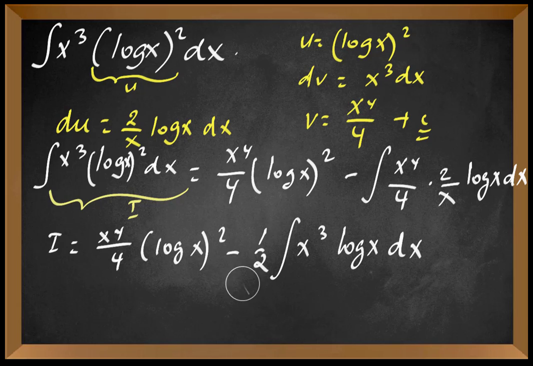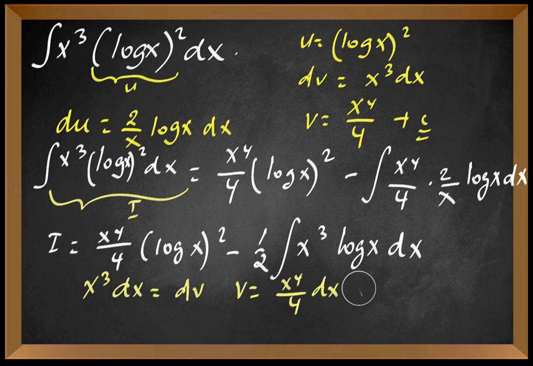So let's take again log of x in this part to be u, and the dv will be x cubed dx. Okay, so dv is equal to that, and the u will be definitely log of x, and here v becomes x to the power 4 over 4, plus a constant, of course. Forget the dx here, that's wrong.